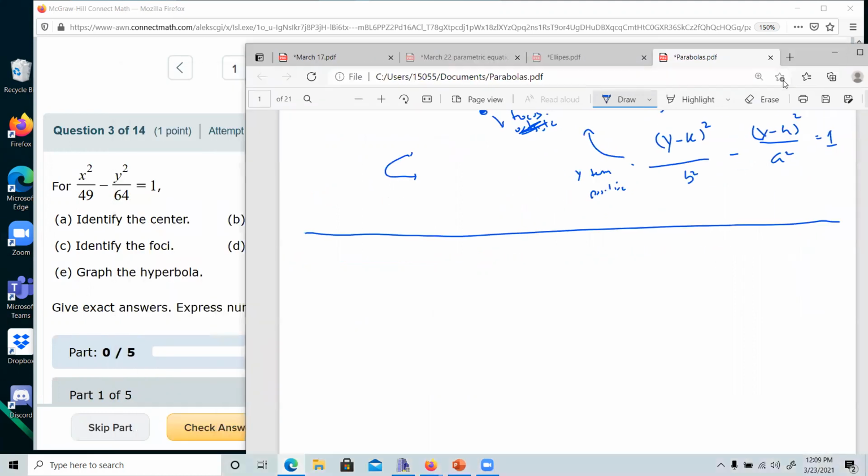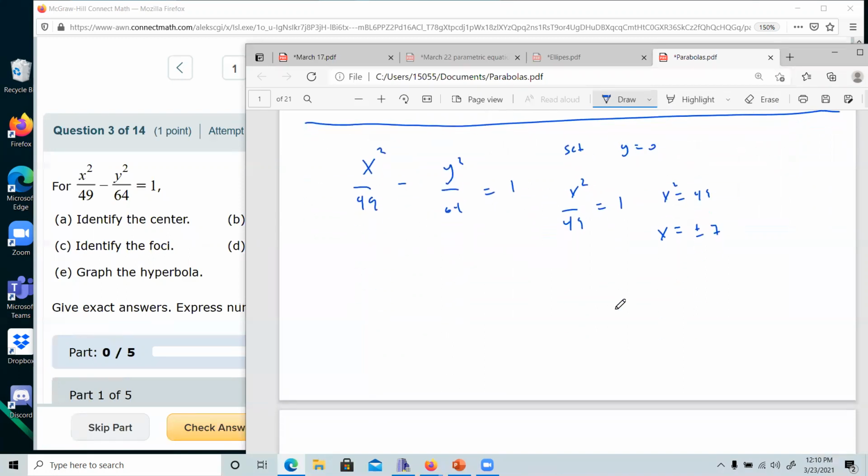Let's see here. We have x squared over 49 minus y squared over 64 is equal to 1. So we use the method of intercepts. We set y equal to 0 and get x squared over 49 is equal to 1. x squared equals 49, so x is equal to plus or minus 7.